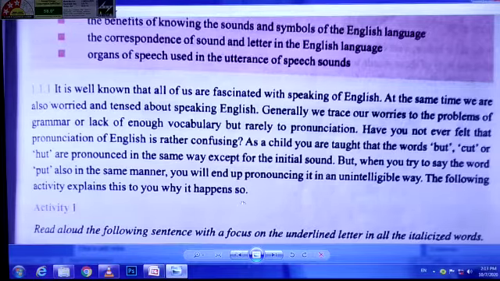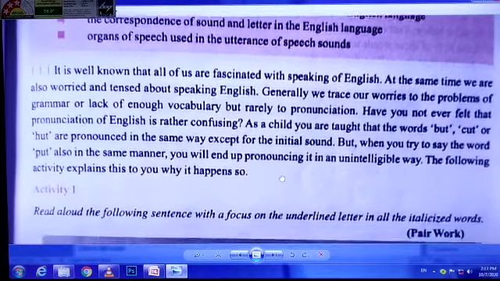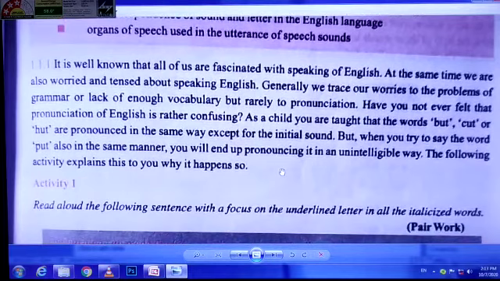But rarely do we think of pronunciation. Simple words like but, cut or hut are pronounced the same way except for the initial sound. But when we try to say put in the same manner, you will end up pronouncing it in an unintelligible way.